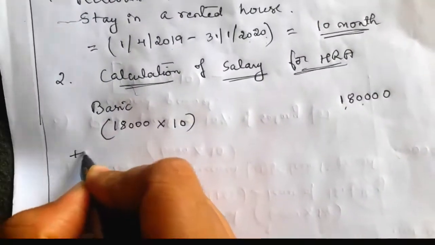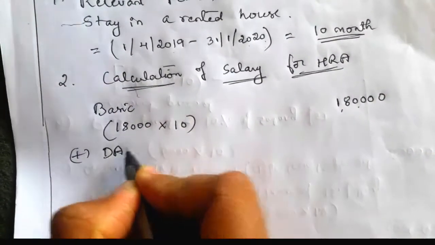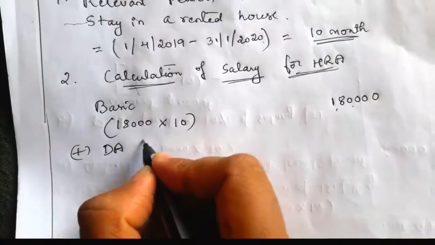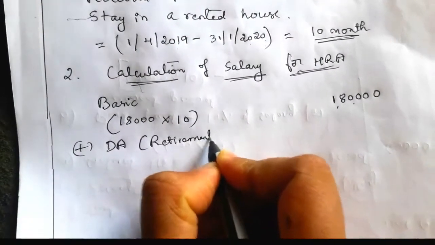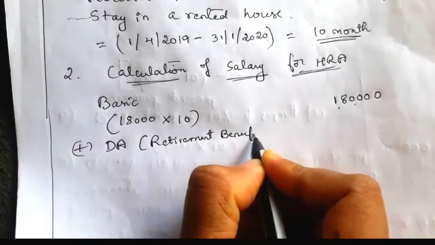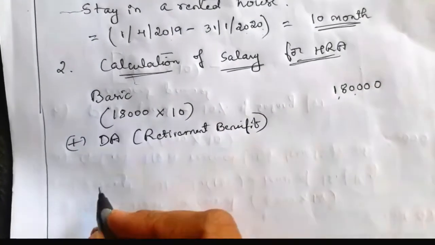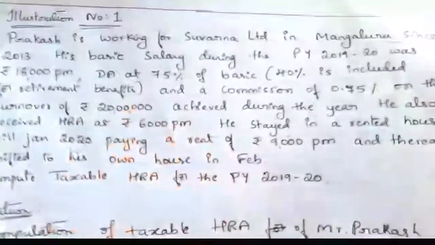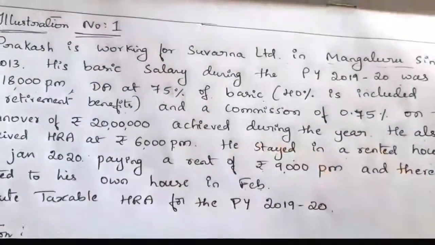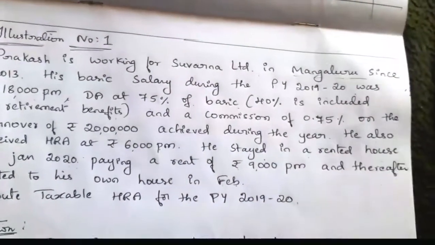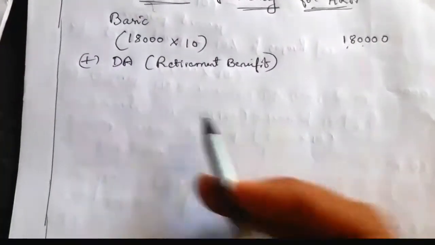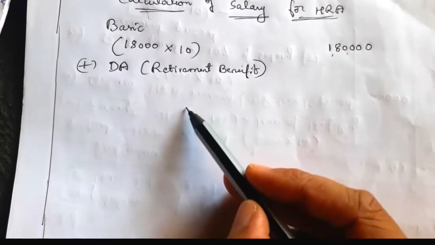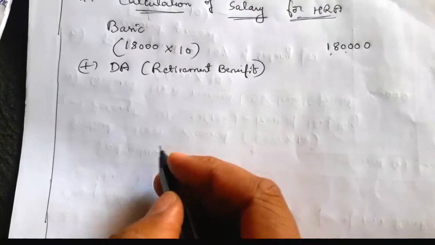Next we have to add DA, the part that is retirement benefit. What is the DA given in this question? DA is at 75% of basic and 40% is included for retirement benefit. The DA value is not given directly, but we take 75% on basic.